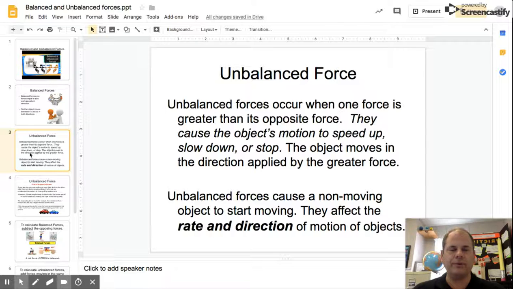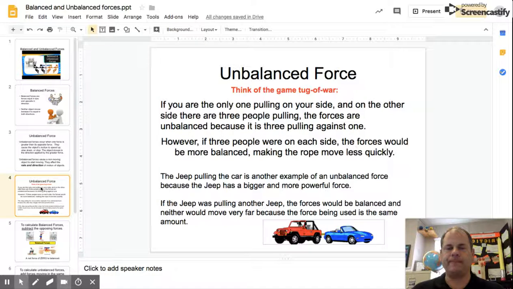If one person is pushing harder, he is going to win. If one person is pulling the rope harder in the tug of war, he or she is going to win. The unbalanced forces cause a non-moving object to start moving. They also affect the rate and direction of motion of objects.